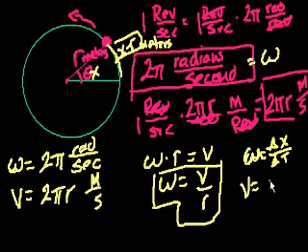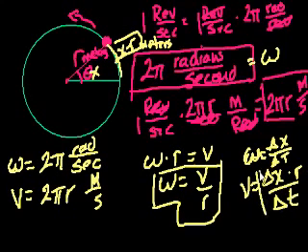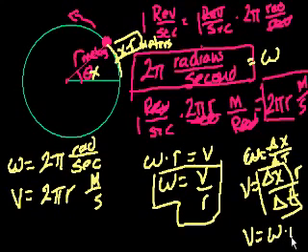Velocity is change in, the radius doesn't change, x times r divided by change in time. And we know, once again, that this is omega. So we just showed again that omega times the radius is equal to the velocity, or the angular velocity times the radius is equal to the velocity.